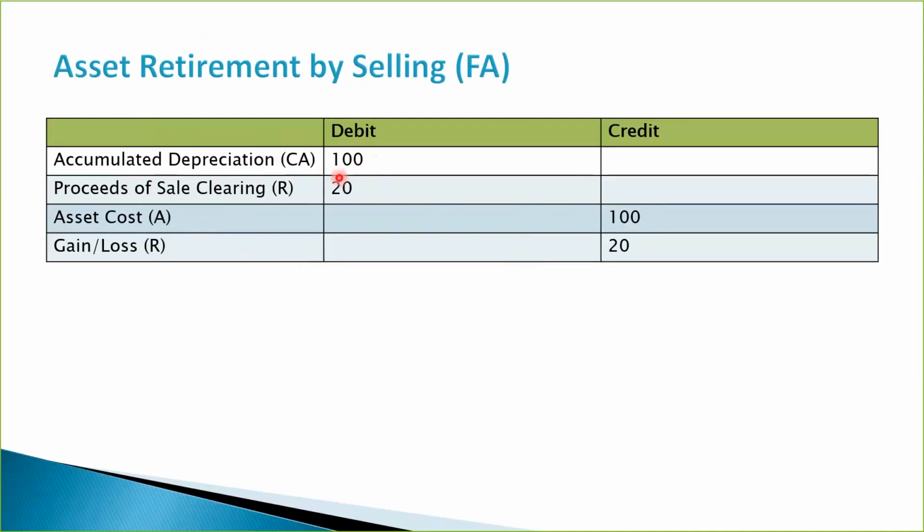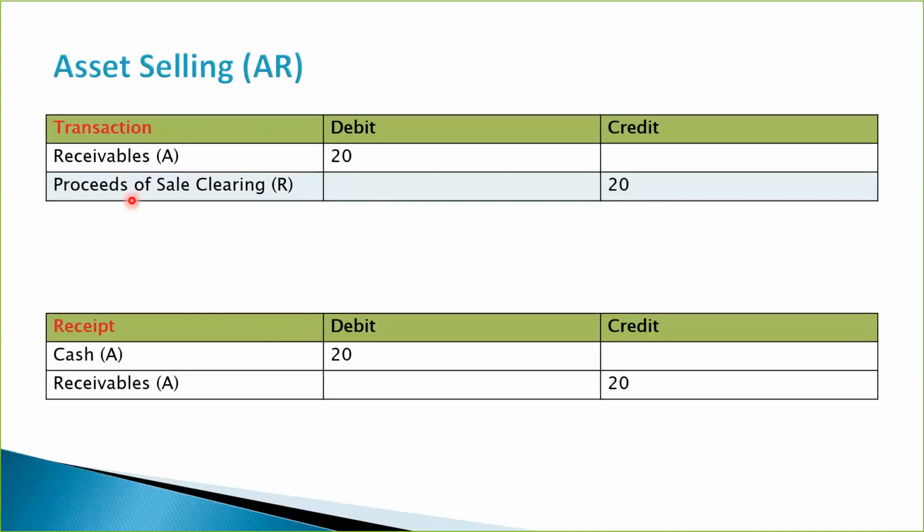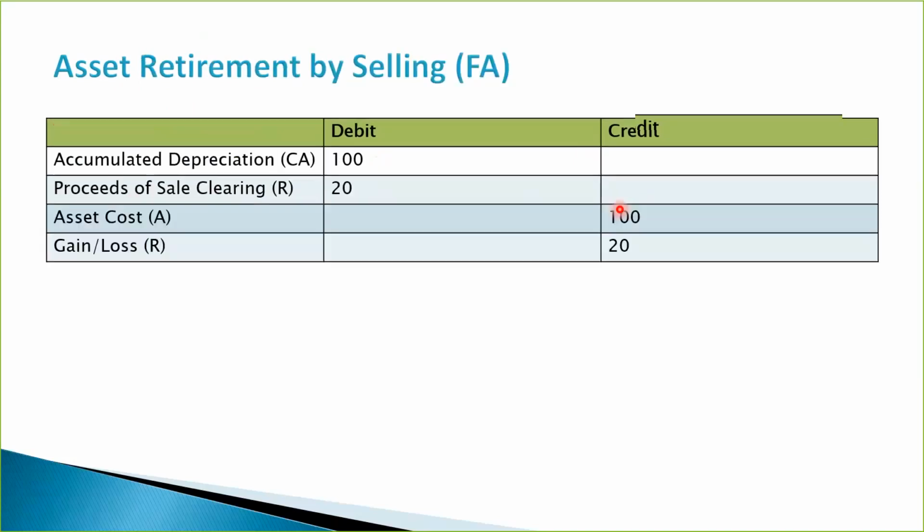Then there's going to be this proceeds of sale clearing, which will cancel with what we had here. So this proceeds of sale cancels with this. Why do we have this gain from the proceeds of sale?